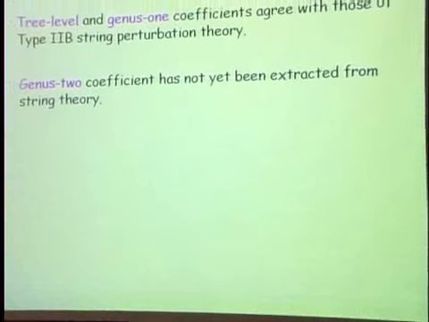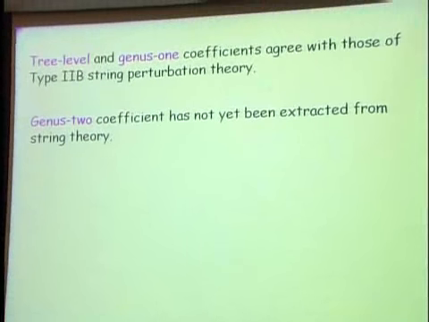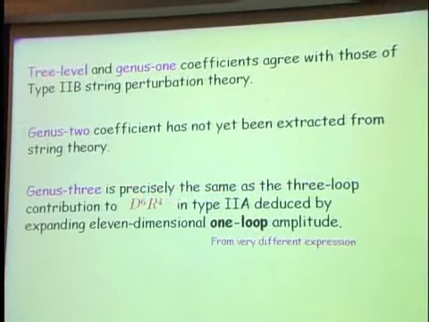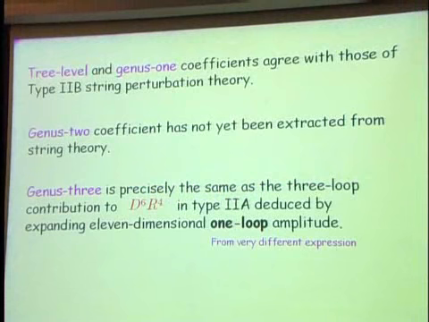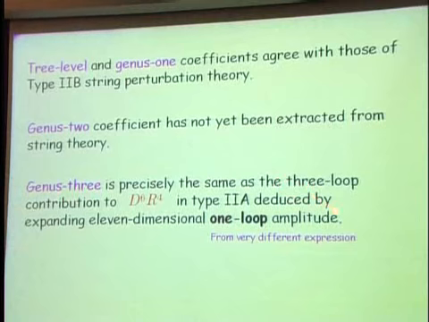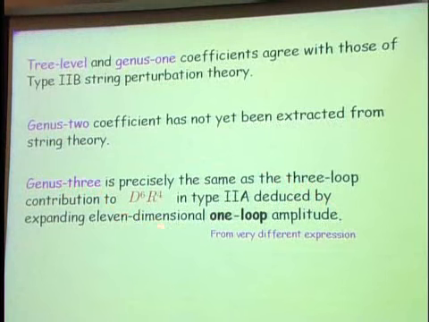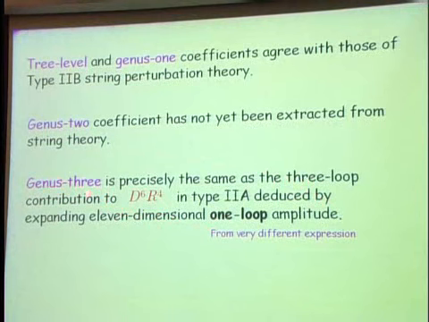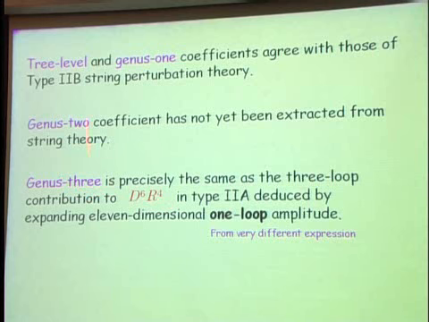The genus 2 coefficient has not yet been extracted from the string theory. The genus 3 coefficient, of course, has also not been extracted from string theory directly, but rather remarkably, when you do these calculations, the value of the coefficient in the 2B theory, which is what I'm talking about here, agrees precisely with the D to the sixth term in that infinite series I showed you before, which came from a one-loop calculation.